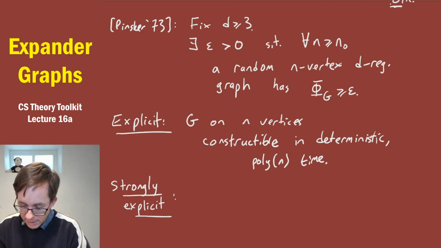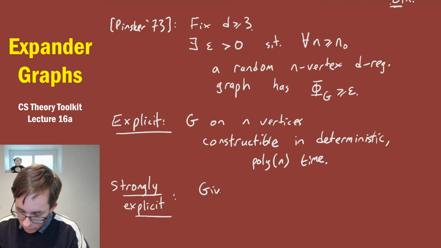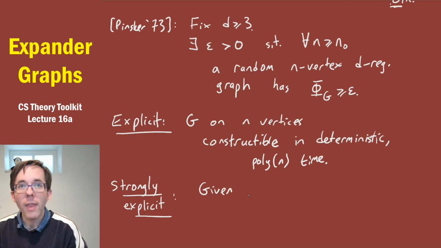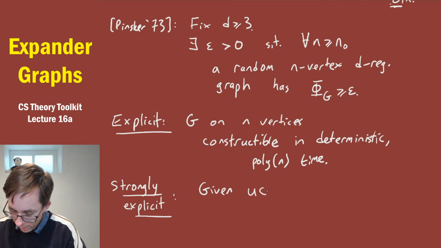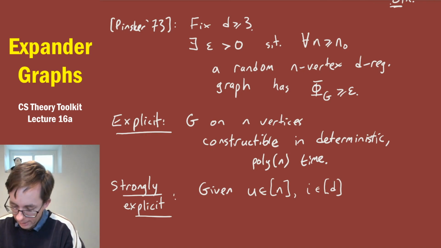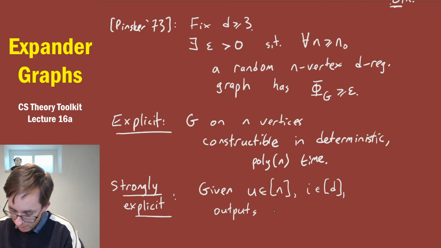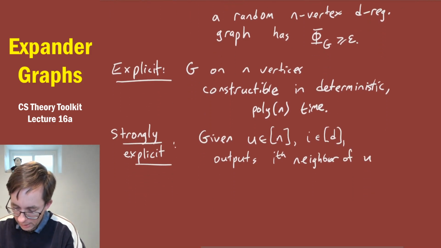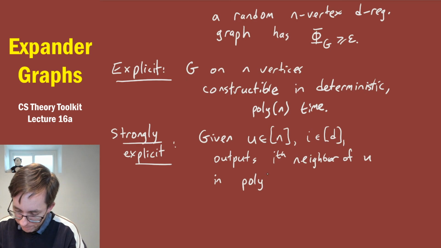So what this really means is, given n, you can have an algorithm that takes as input the name of a vertex u, and a number between 1 and d, representing the index into a neighbor, and outputs, you want your deterministic algorithm, the ith neighbor of u in the graph in poly log n time.